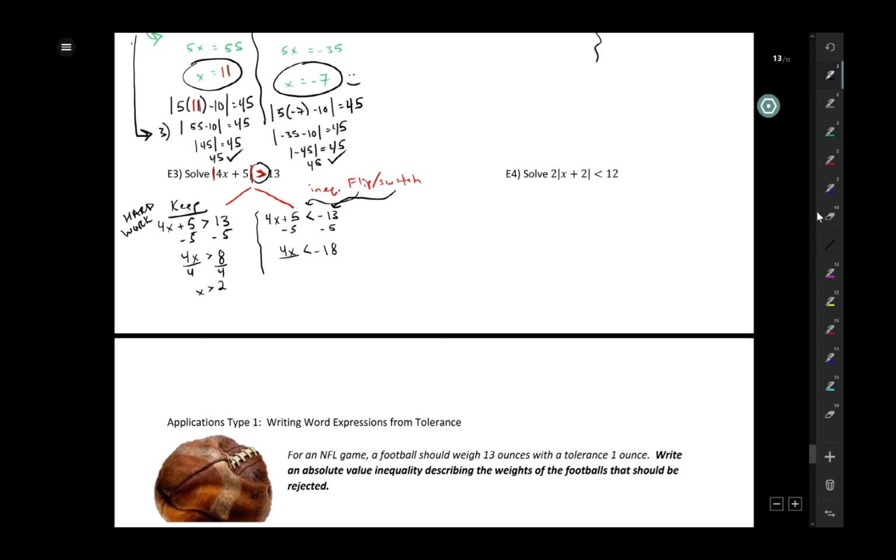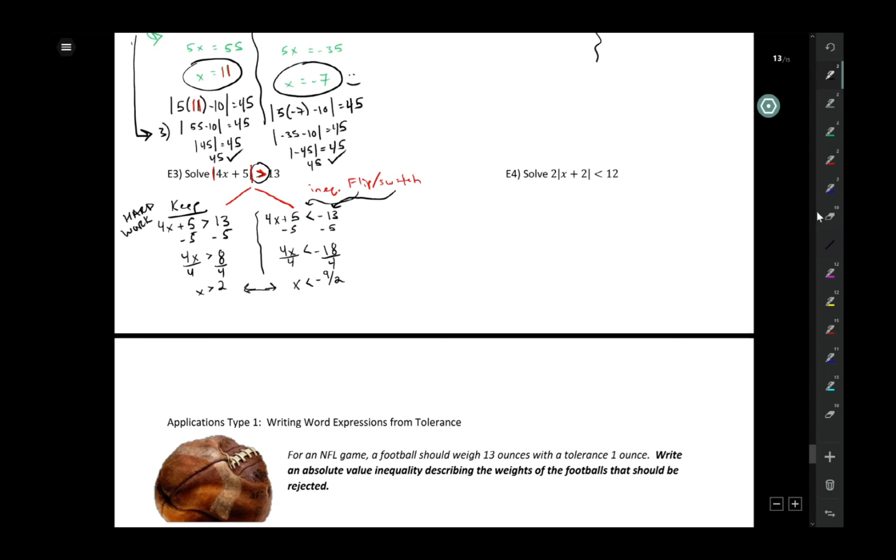Don't let negatives and don't let fractions scare you, for sure. And x is less than negative 9 halves, 4.5. Okay? Again, these two things you would essentially check, but that is all you need to do. Now, if you end up dividing by a negative, all those rules apply, but we did not do that in either case, so that's what we are left with.